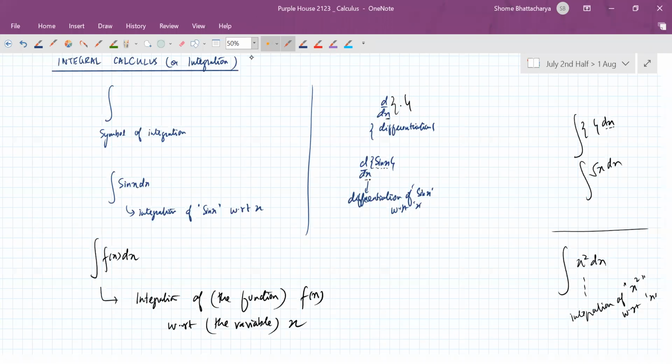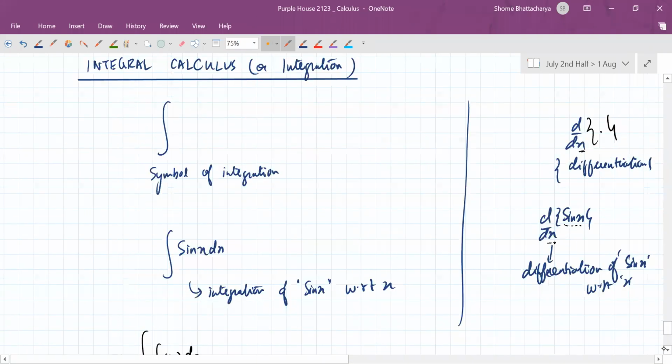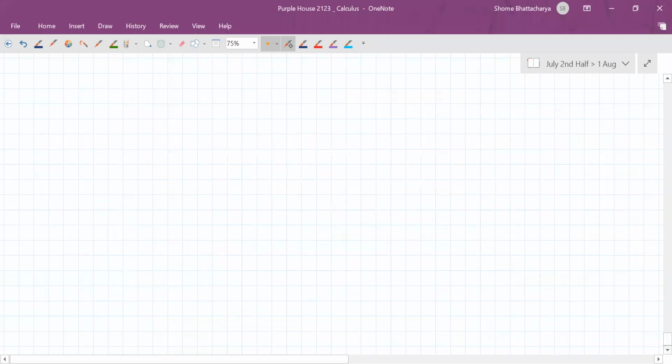Okay, now let's see what is the meaning of this operation. What we are trying to do when we integrate. Like we had seen the meaning of differentiation, rate of change. So there are two types of operations in integration.